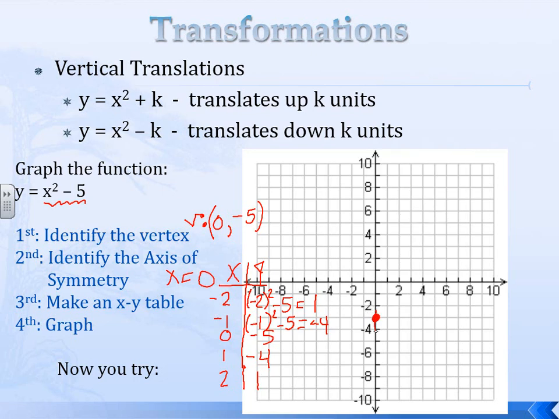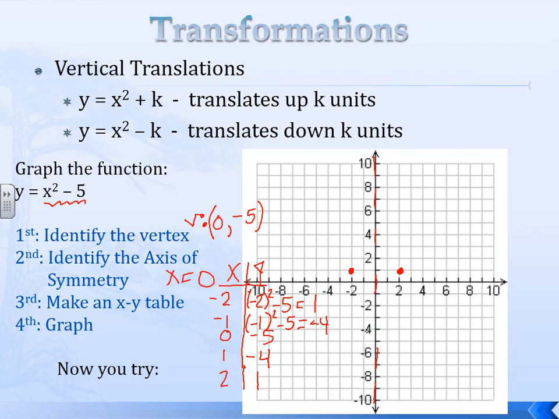Through that, we have our axis of symmetry, which we draw as a dashed line. And then we plot the points we found in our table, which was -2, 1, and its reflection, 2, 1. And then -1, -4. Oh, let's put the vertex in the right place first.